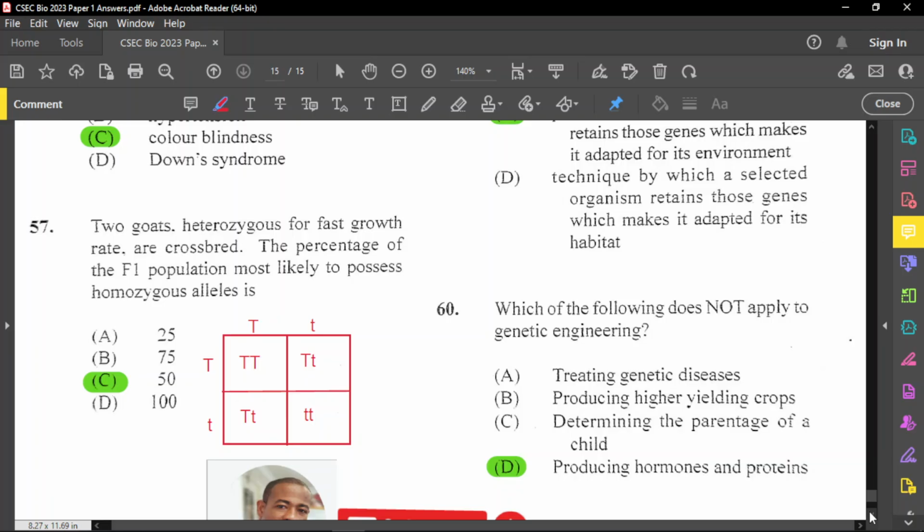Two goats heterozygous for fast growth rate are crossbred. It said the percentage of the F1 population most likely to possess, this is key, homologous alleles, which means they have the same alleles. Notice this, homologous alleles, so homozygous. I don't know where to get homologous from. I'm also in chemistry. So homozygous alleles, and homozygous means the same.